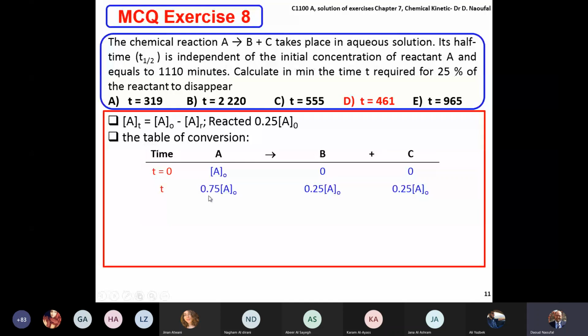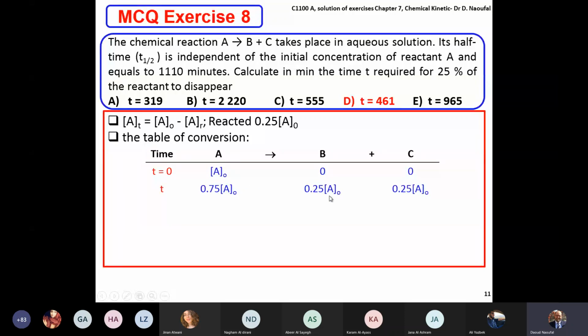So if we have 25% of A reacted, it is transformed to B, 0.25 A0, and C, 0.25 A0. Or you can put, for example, A0 minus x, x, x, where x equals 0.25 A0.